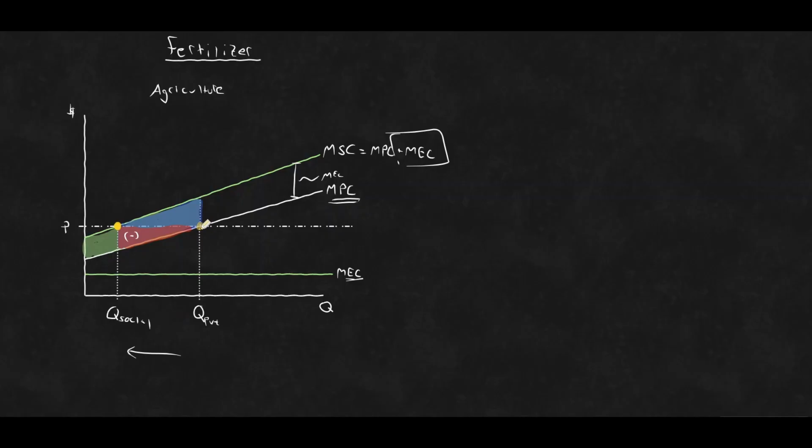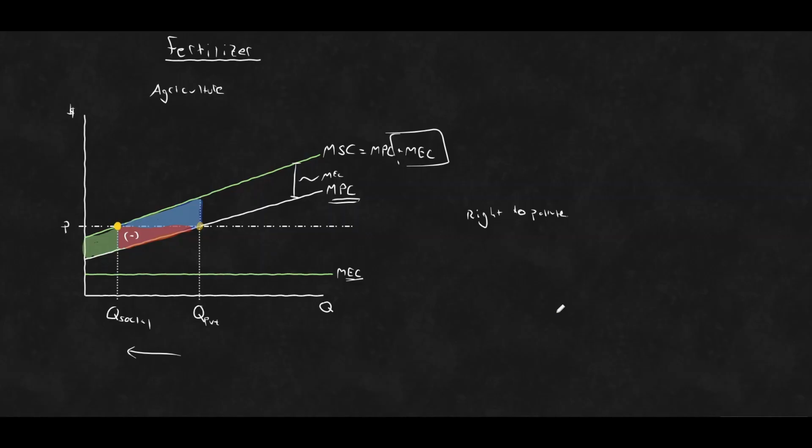Now, of course, right now we're saying the way to solve this is by putting property rights into effect. And there's two situations that we could have for property rights. We could either say that the farmers have the right to pollute, which, to be honest, is a bit of the way that we currently structure our agricultural situation, which is they have the right to farm and they have the right to grow their crops, whatever that might mean.